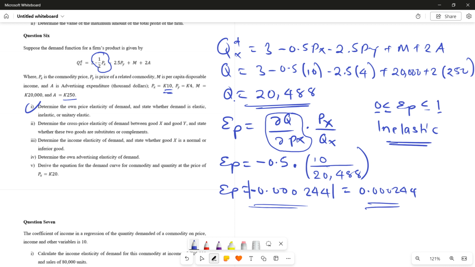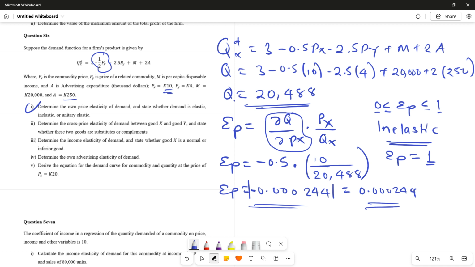The other possibility is a case where you have solved your elasticity and the answer is exactly 1. Let's say after doing our mathematics here, we find that the answer is exactly 1. What does that mean? It means that demand is unitary elastic. Now, with unit elasticity, it just shows that you increase the price, let's say by 10%, right?